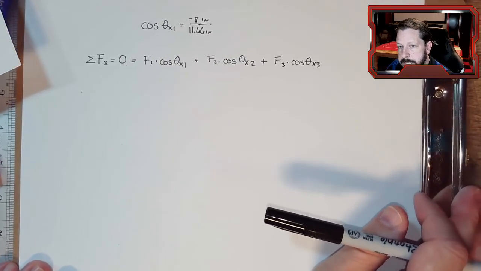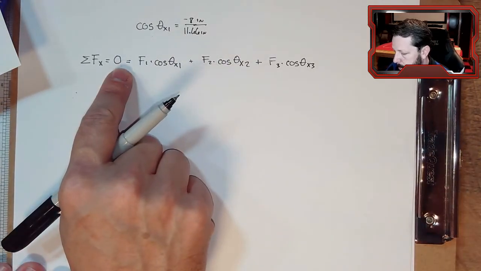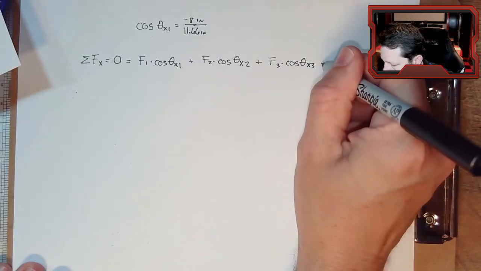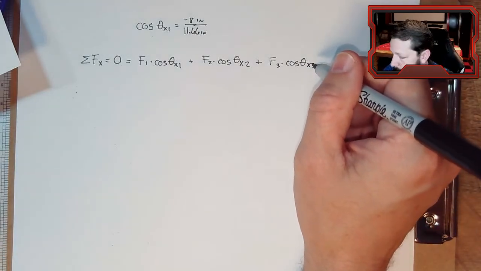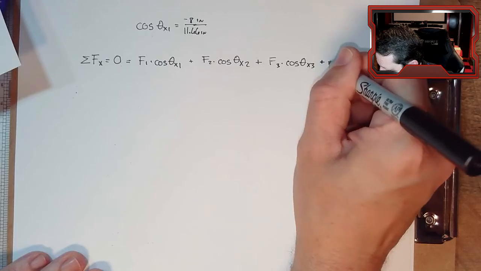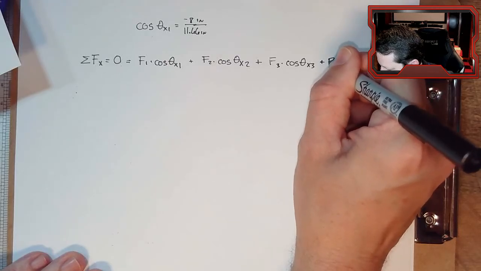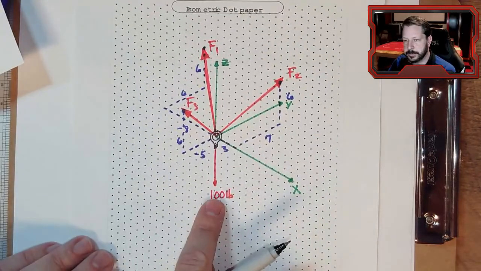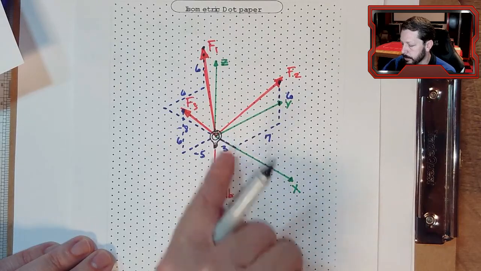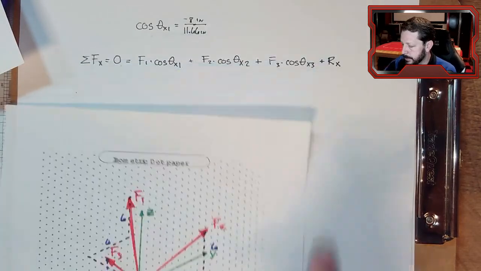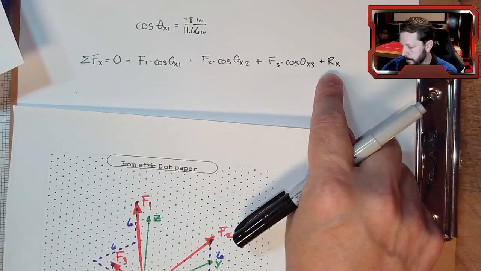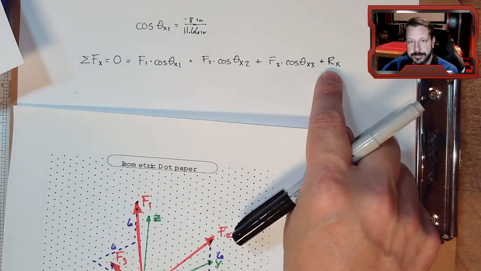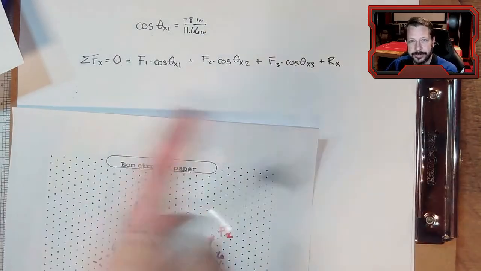I'm going to say it equals 0, and there is the possibility, in this case it doesn't exist, but there is the possibility that there is a, I'm going to call it Rx. So this force, 100 pounds, could have an x component. You know, it could be angled. In our case, this is going to end up being 0, but I'm going to put it here so that we have it because we're writing this very generically.